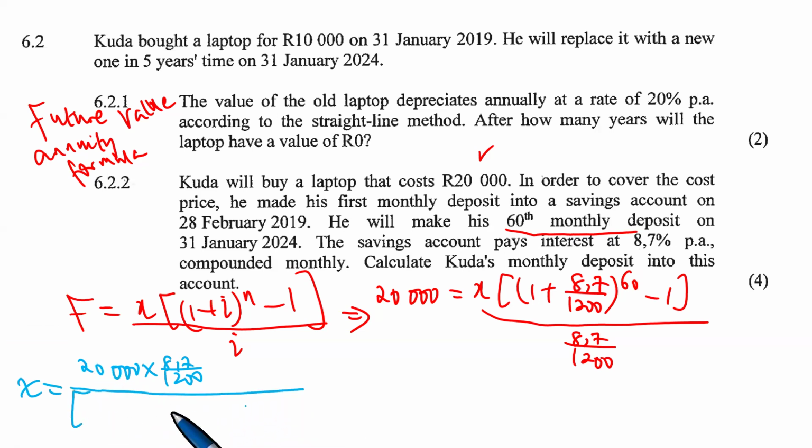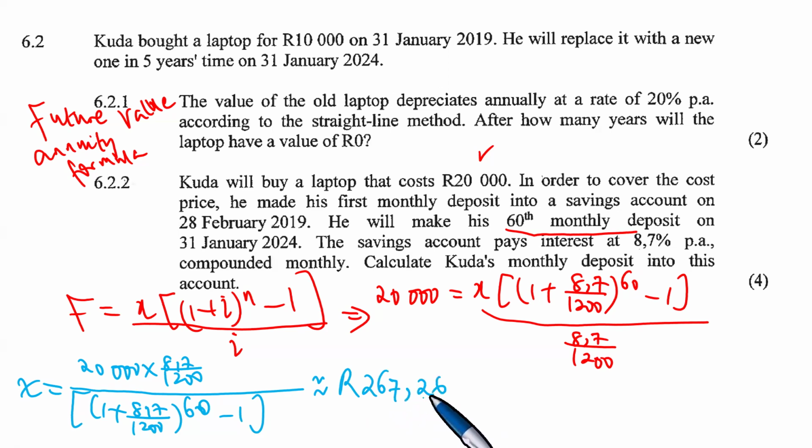In this case, it's going to become 1 plus 8,7%. You divide everything by 1,200, raised to the power 60 minus 1. Right, use a calculator to do this one, and the calculator is going to give you X. It's approximately 267 rand and 26 cents, like this.